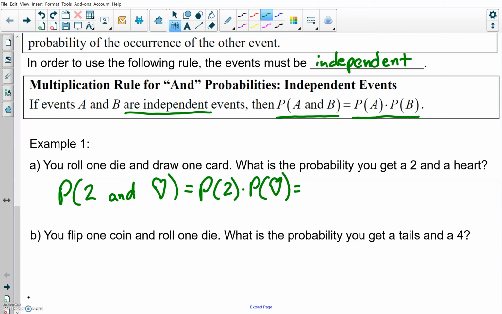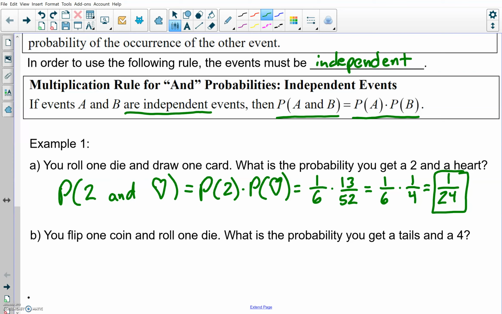So you're going to get 1/6 from the 2. There's 1 two on a die. And then in a deck of cards, remember we talked about this before, there are 13 hearts out of the 52 cards. So when you multiply fractions, you can look and see if things reduce. So the 13 over 52 does become 1/4. This makes it a little easier, especially if you're doing it by hand, and you get 1 over 24.